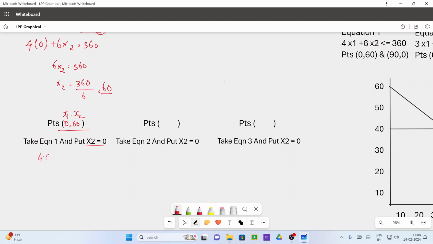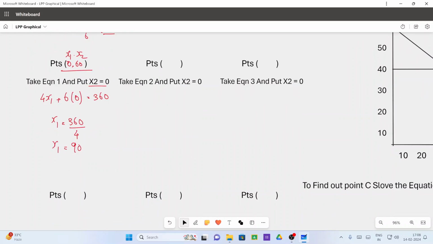So 4x1 plus 6x2 equals 360, with x2 as 0, gives x1 equals 360 divided by 4, so x1 equals 90. So the point is x1 is 90, x2 is 0. Now we have two points for the first equation.